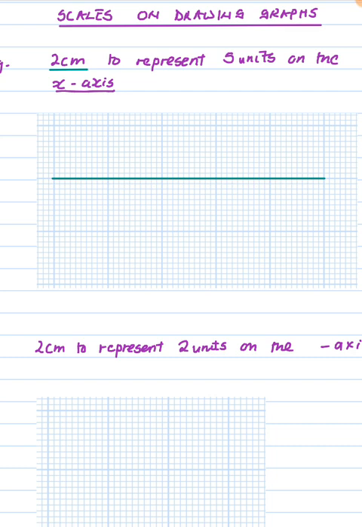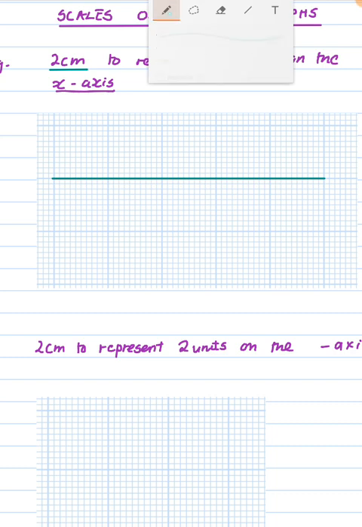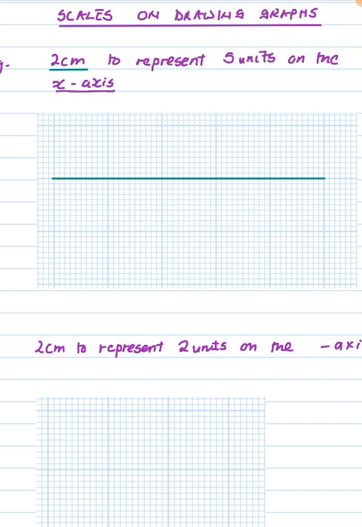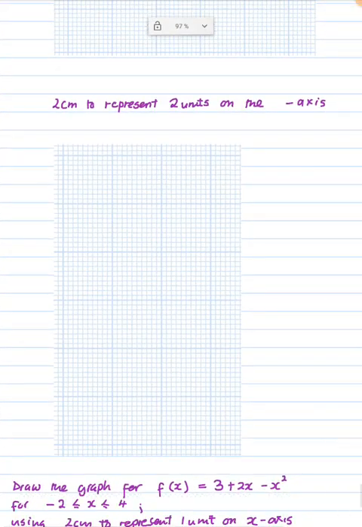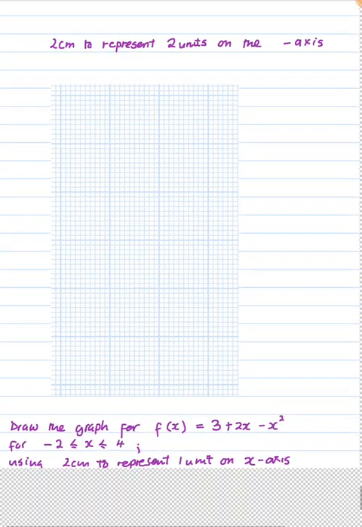So on our x-axis we start at 0, then we have 5, then 10, 15, or we might possibly have 20 depending on where we stop. Then after that you write x, so that will be your x-axis. That's how you come up to draw it, right? Then on the other aspect, there is also 2 centimeters to represent 2 units on the y-axis, right?